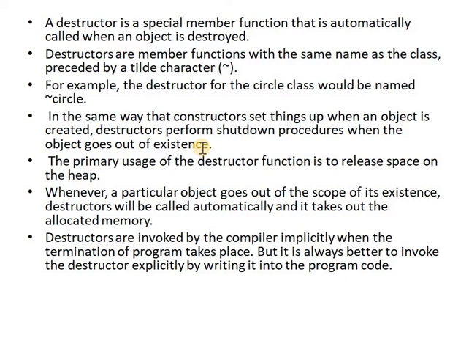For example, whenever the function in the program ends, or the program terminates, or a delete operator is called in a program, then the scope goes out of existence. In that situation, the destructors are called.